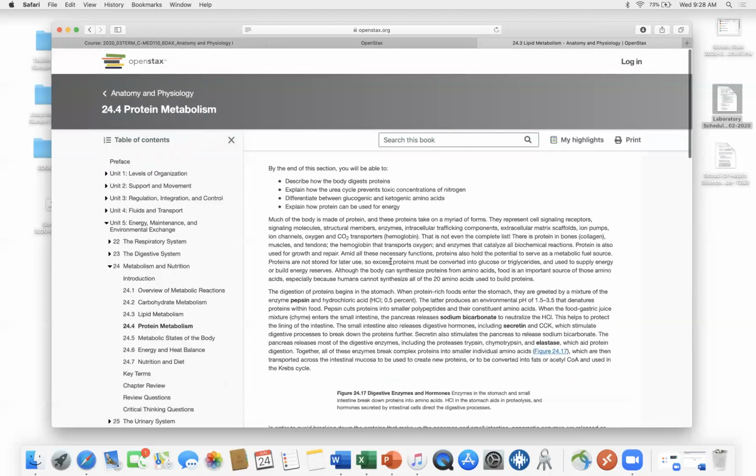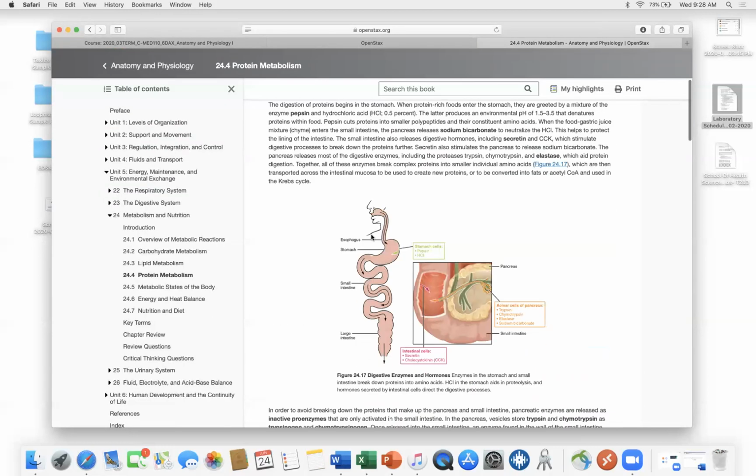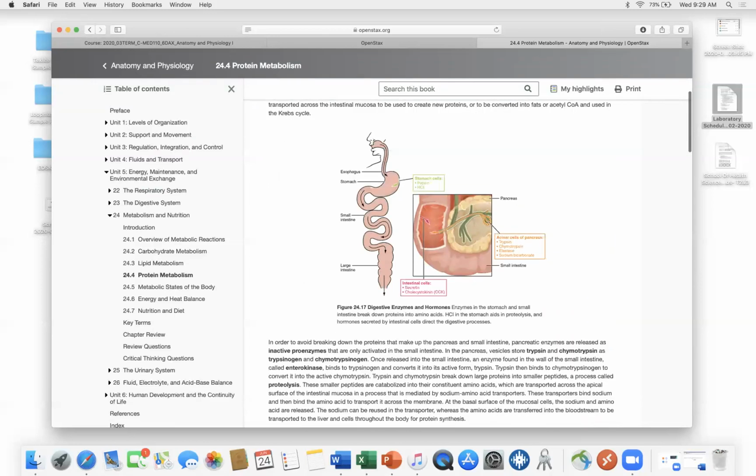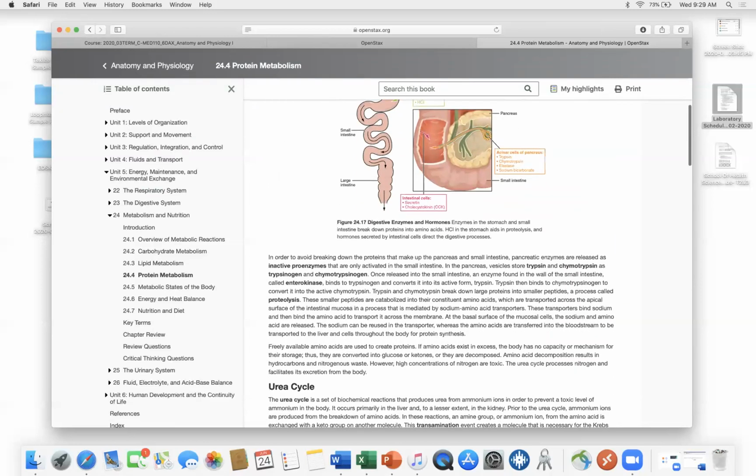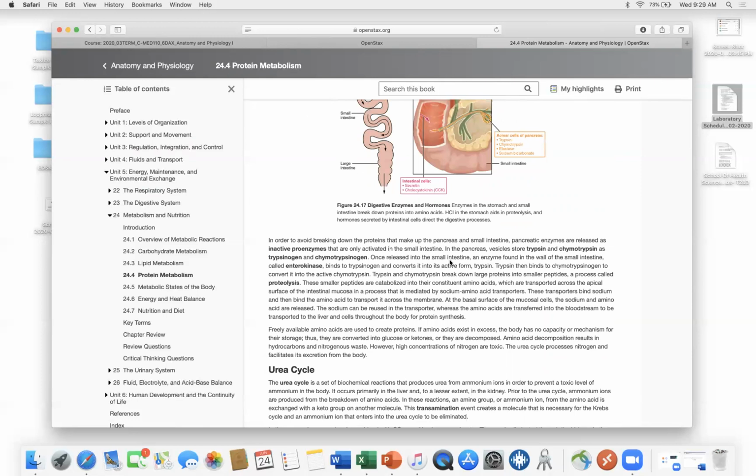Now, protein metabolism, we mentioned it before, and we're going to talk about the digestive tract momentarily, right? A lot of it happens in your stomach, and there are digestive enzymes and hormones, and a lot of it is enzymes in the stomach.